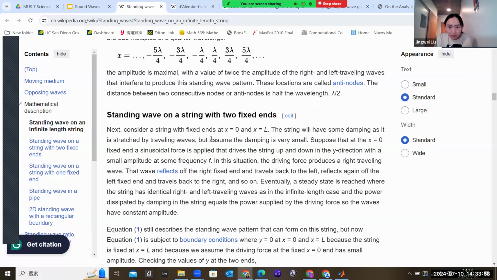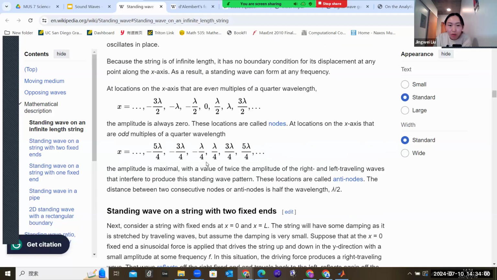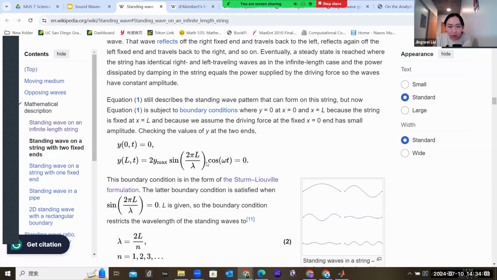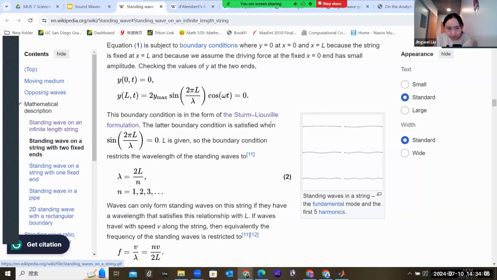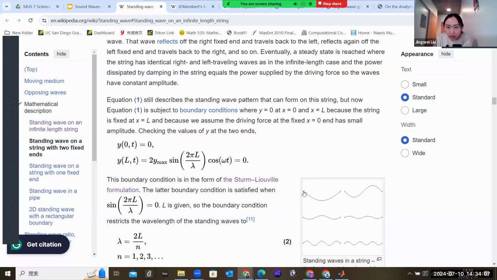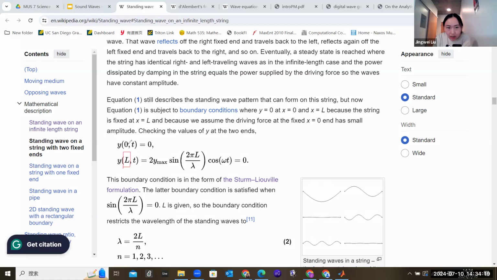So a standing wave actually imposes some boundary conditions, right? As a boundary, when x equals 0, and let's say this is x equal to L, the length of the string is L. The boundary condition is that when x equals 0, this is 0, and when x equals L, it is also 0. So these are two nodes of the standing wave.